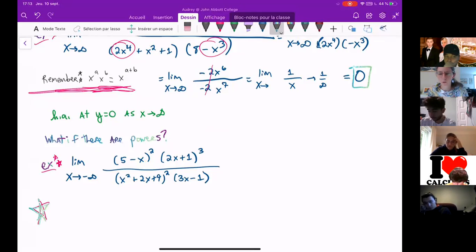Okay, so again, my ultimate goal is to figure out what would the biggest term be if this were expanded. I can do that in the same way that I did in the last, where I take the biggest term from each factor. So for a second, I'm just going to pretend that those powers aren't there. 5 minus x. What's the big stuff? Minus x. Good.